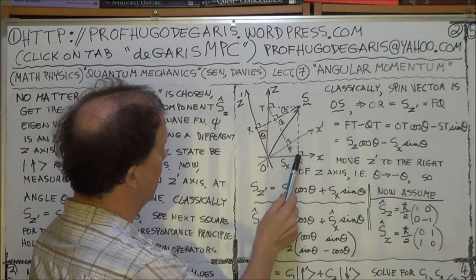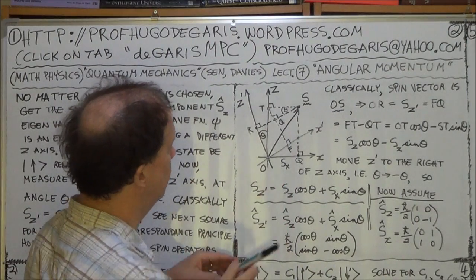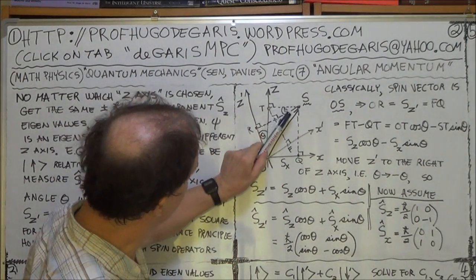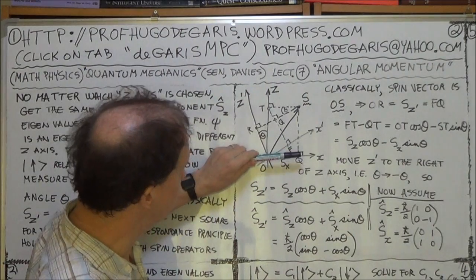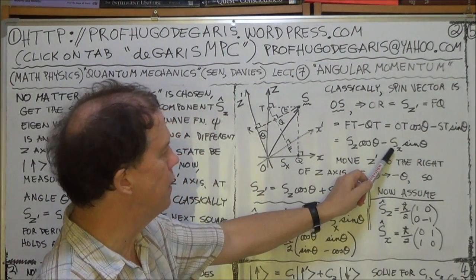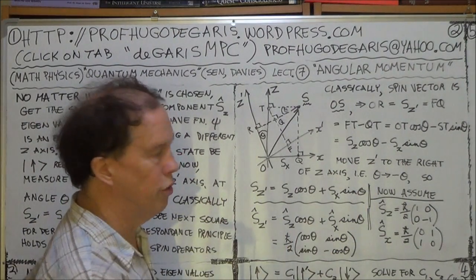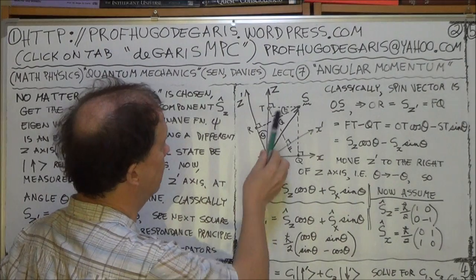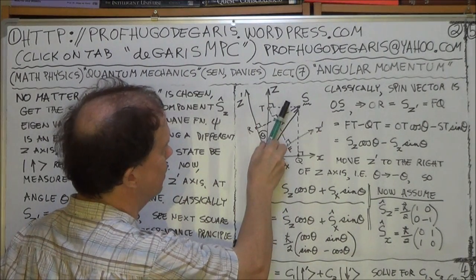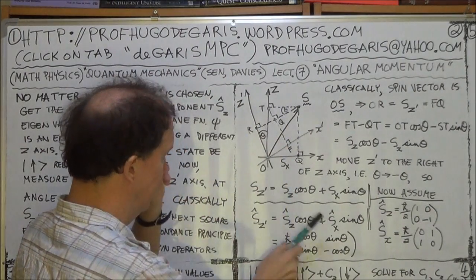So ST is the same as OQ, and what's OQ? Well, it's the component of your S vector along the x-axis. Right? So rewrite ST as SX. Right? Now, a little bit of a trick. Now, I could have had this angle, I could have had Z dash like this way, right? To the right of the Z-axis.